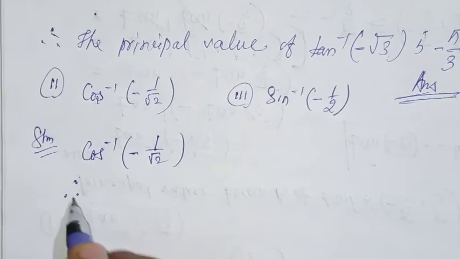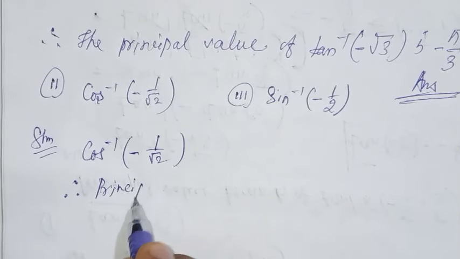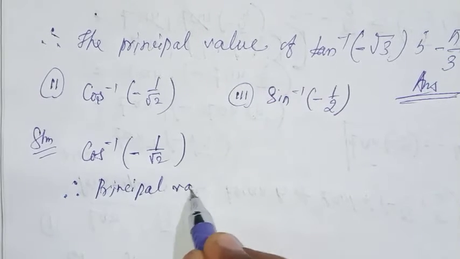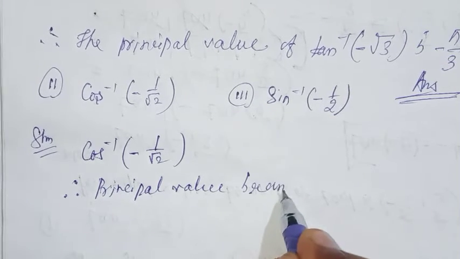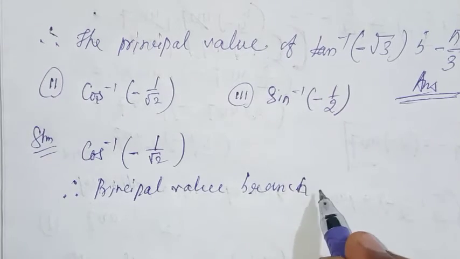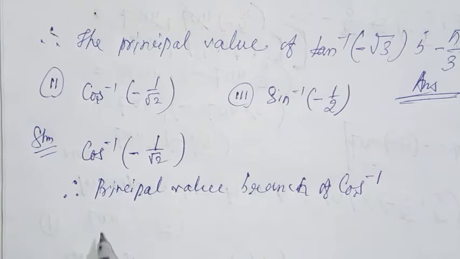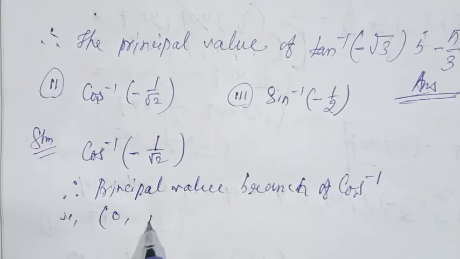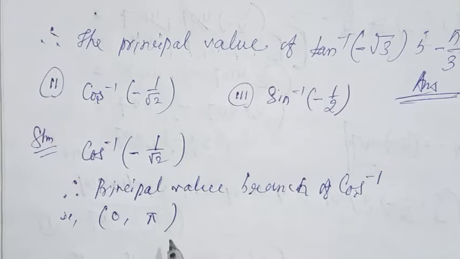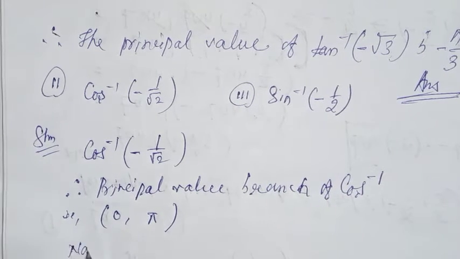Therefore you can write the principal value branch of cos inverse, that is between 0 to pi. Now what you do?